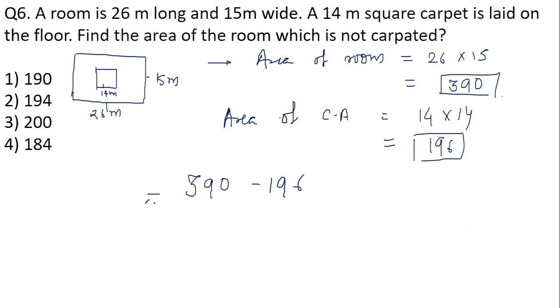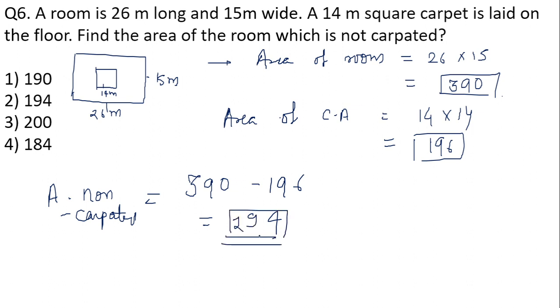This will give me the area of the room which is non-carpeted. This will give me 194. So 194 meter square is the area of the room which is not carpeted. So option number B is the correct answer to the given question.